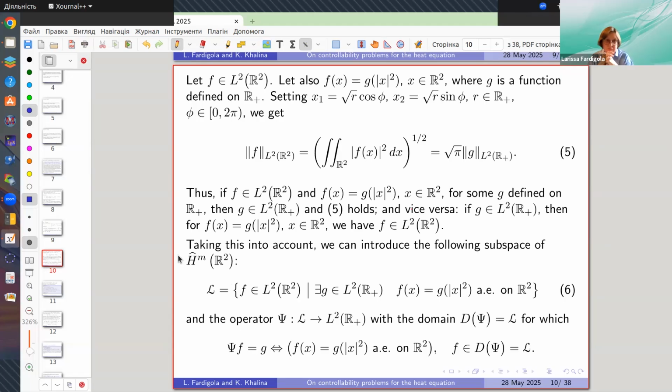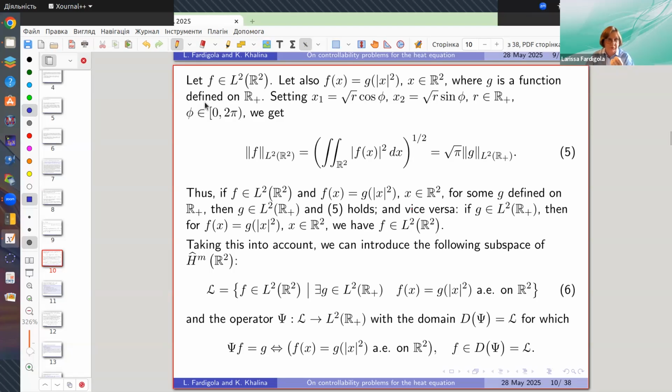As I have mentioned, a significant role in our study is played by the functions depending on the modulus of x. And we consider not the simple modulus but the modulus squared.